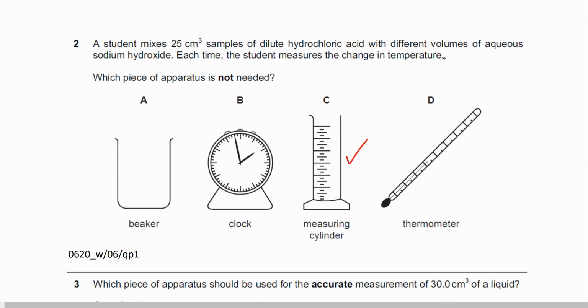That's obviously a thermometer, and you would also definitely need a beaker. If you measure the acid, where would you put it? That's your container. Which piece of apparatus is not needed? You don't need a clock because you're not measuring the speed. You're just trying to measure the change in temperature.